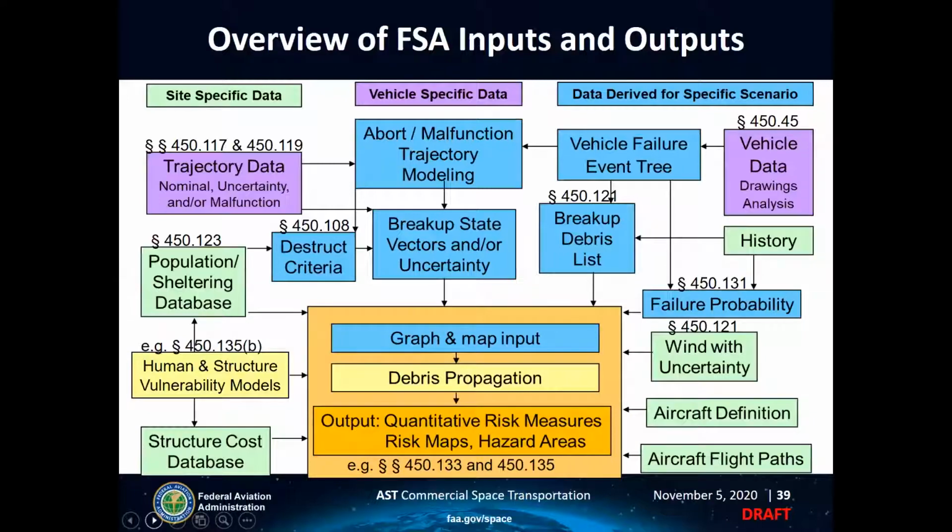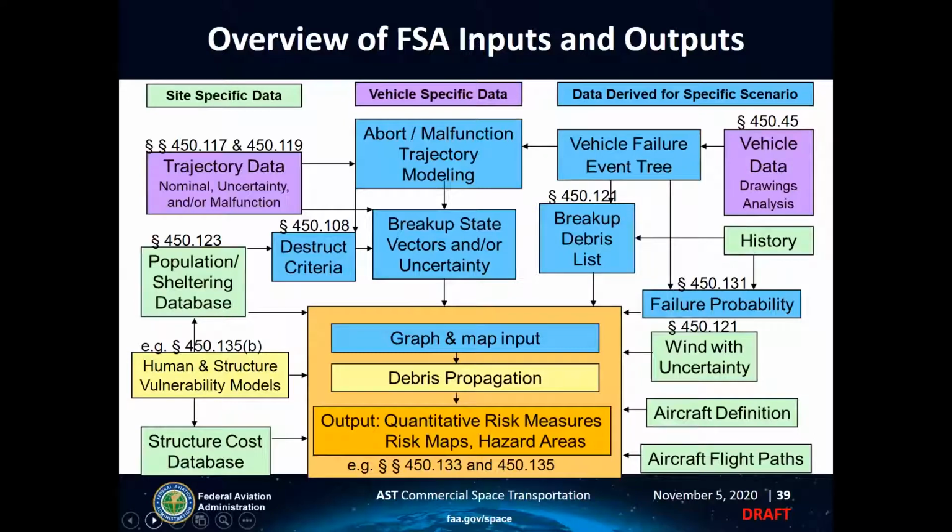Coming out of the trajectory analysis, we need to perform abort and malfunction trajectory modeling, and then account for the flight safety abort criteria to determine where the breakup state vectors could be and the uncertainties associated with those.